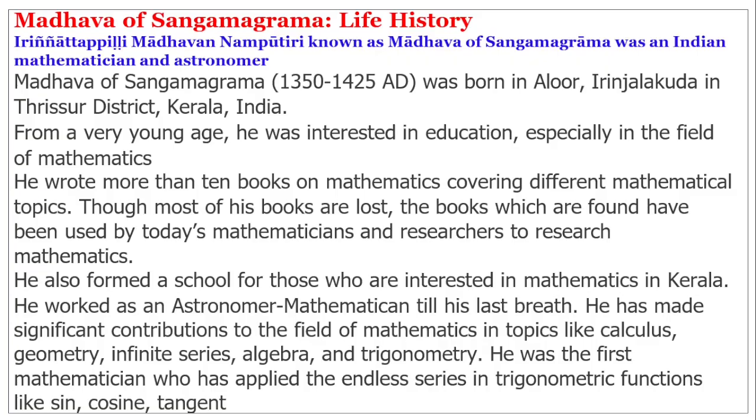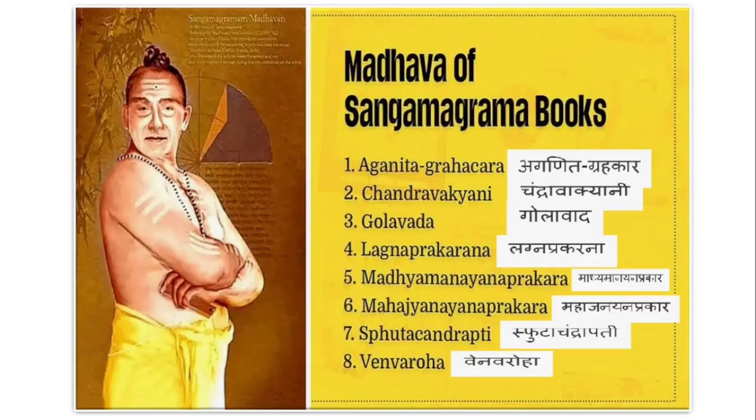But most of his work has now been lost. Some books were found and retrieved, and those books tell us quite a lot about his research. These are some of the books that he wrote.